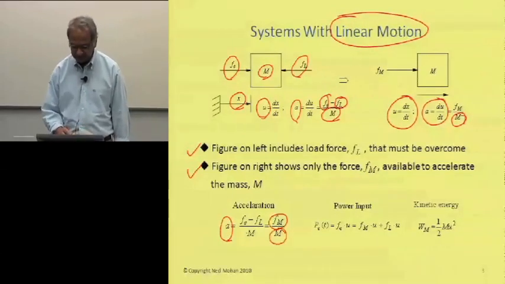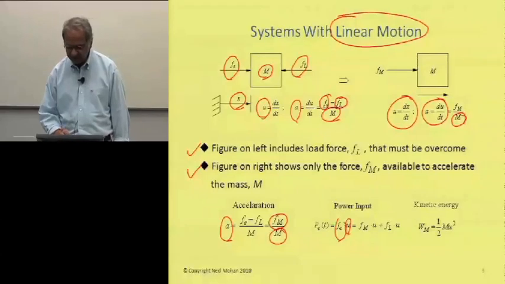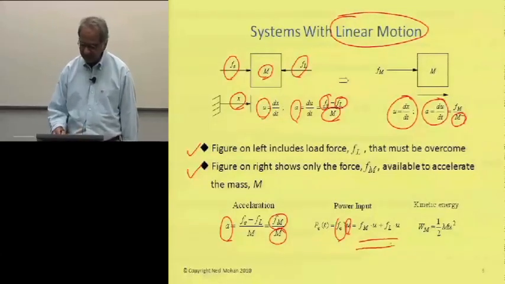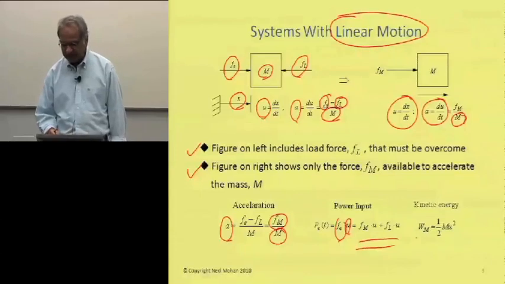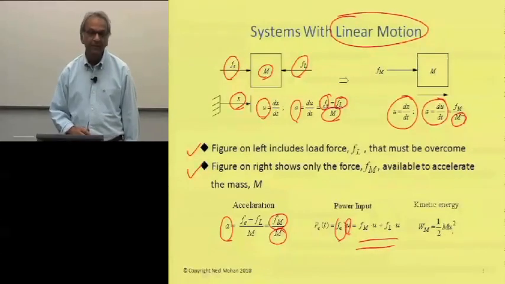The power input from the external side is the external force times the velocity, which could be written in this form. And the kinetic energy associated with this mass when it's moving at this velocity u is 1/2 m u squared.